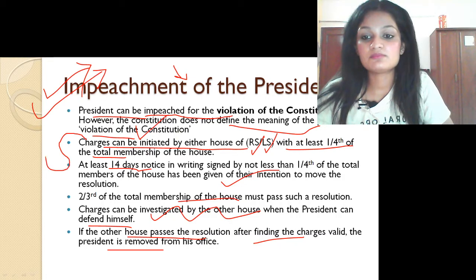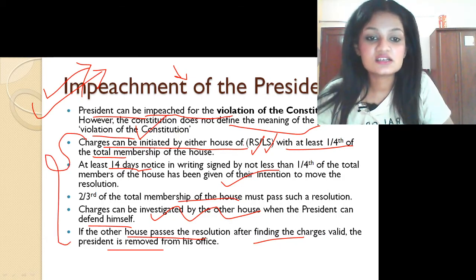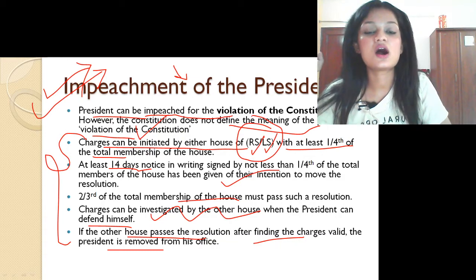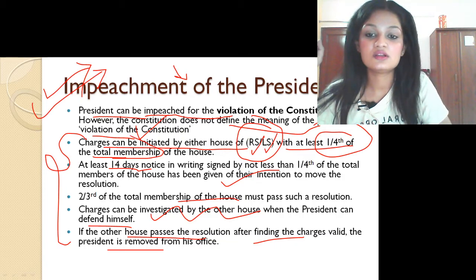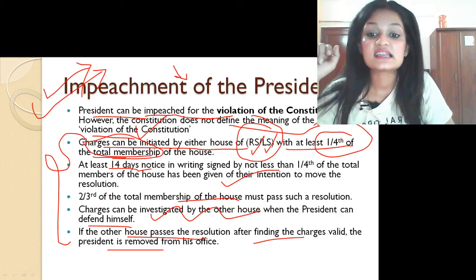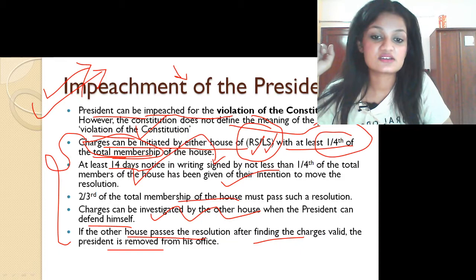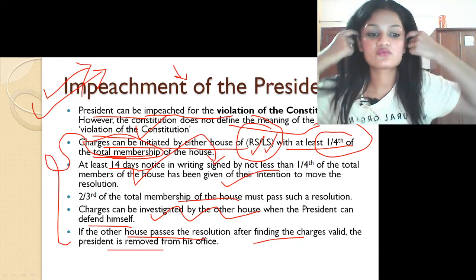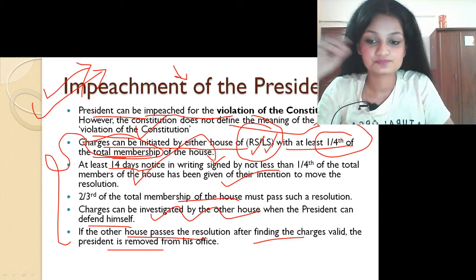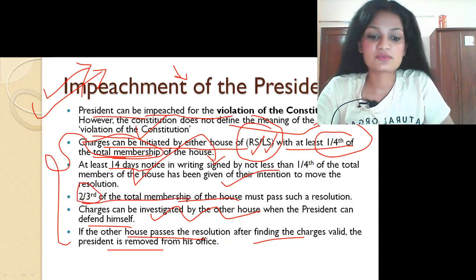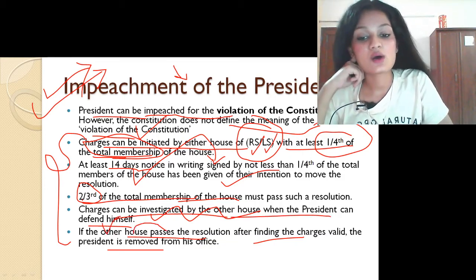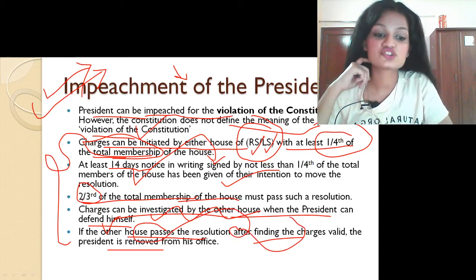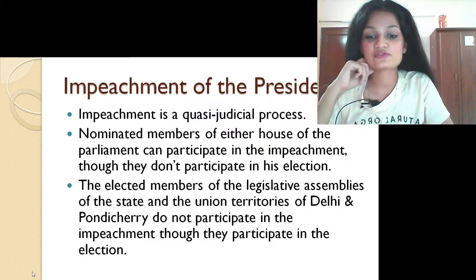The charges for impeachment can be initiated in either house, Rajya Sabha or Lok Sabha, with at least 1/4 of the total membership of the house. At least a 14-day notice in writing has to be signed by not less than 1/4 of the total members of the house. 2/3 of the total membership of the house must pass such a resolution. The charges must be investigated by the other house when the president can defend himself. The other house passes the resolution. After finding the charges valid, the president is removed from his office.